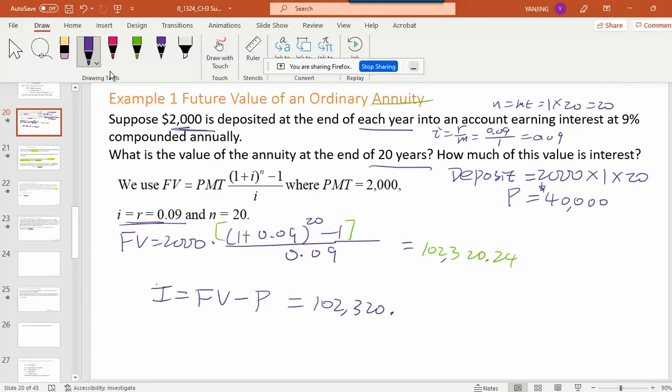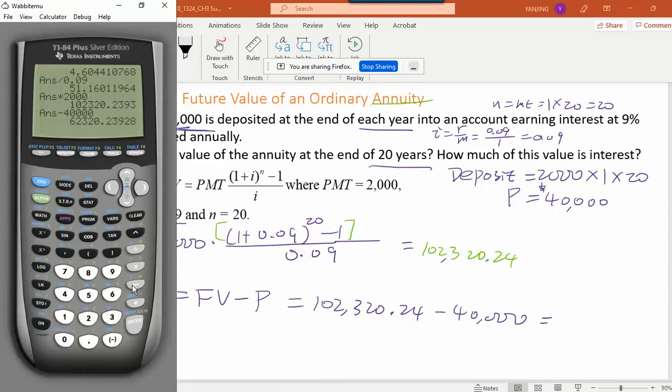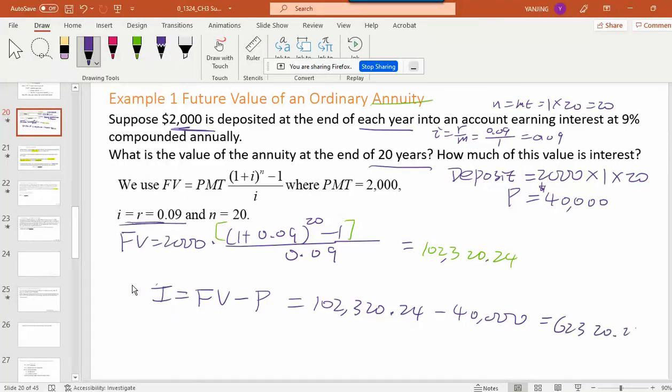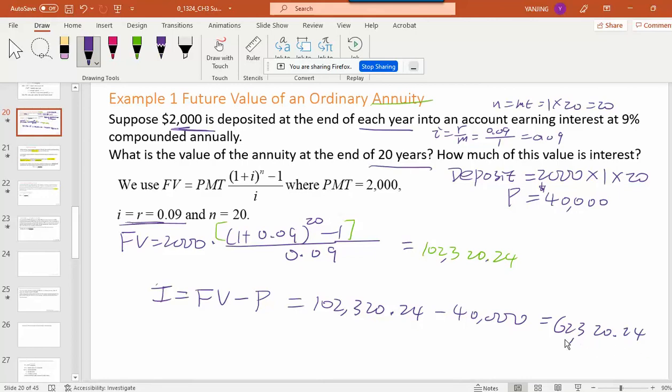You only deposit this much in your real money. But look at how much interest you earn already. Okay, so you have 62,320. All right, so you earn, look at that, more than $62,000 in interest. All right, so that is called the future value of the annuity.